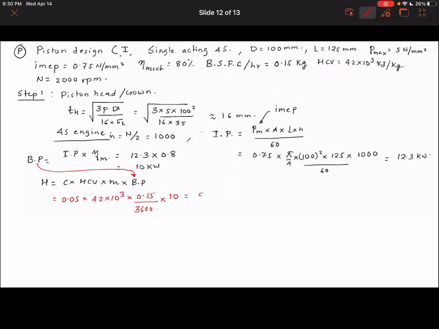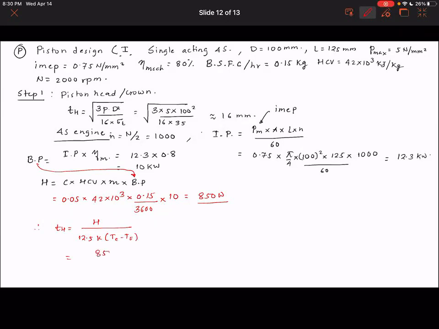That gives me about 850 watts of heat that needs to be dissipated. So I'm going to find out the value of TH from the heat dissipation characteristics. H divided by 12.5 multiplied by K multiplied by TC minus TE.